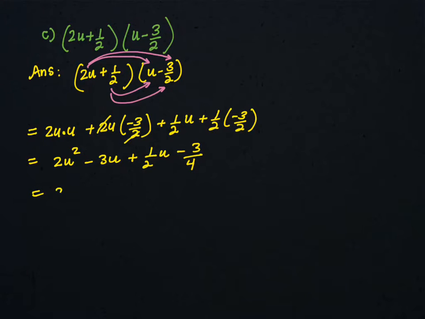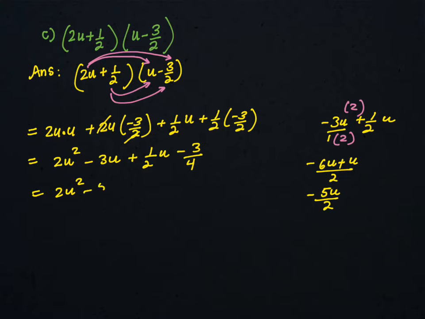And again, now combining like terms. The only like terms are 3u and half u. But one of them is a fraction, so you'll have to do the over 1. The same, combining, like making them common denominators and stuff like that. If you want, I can explain that later on. Okay.